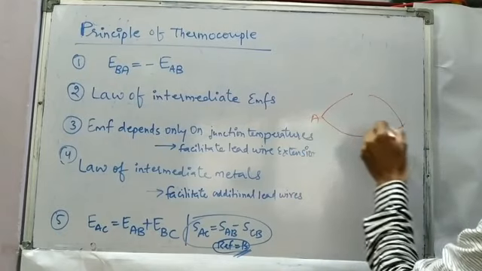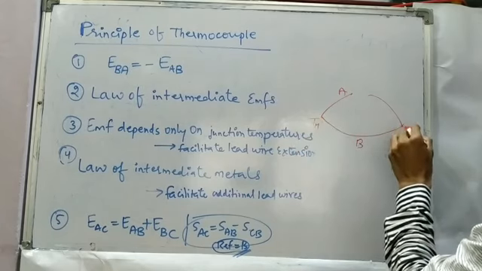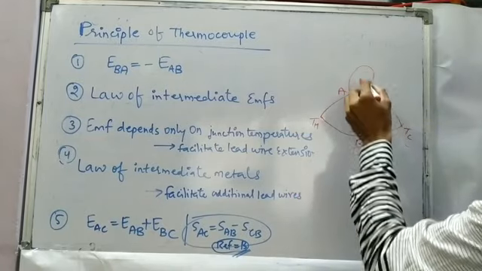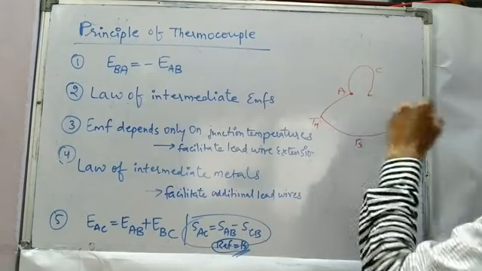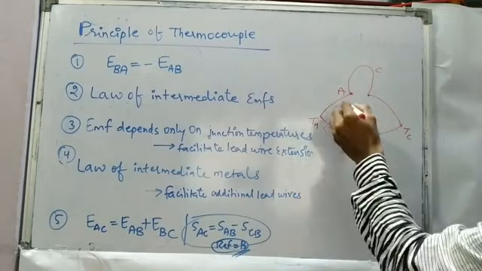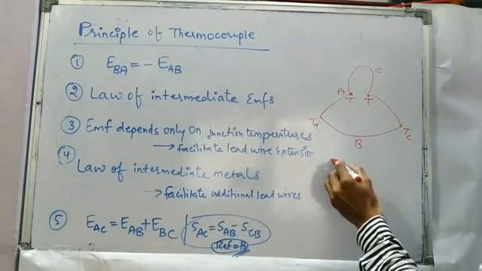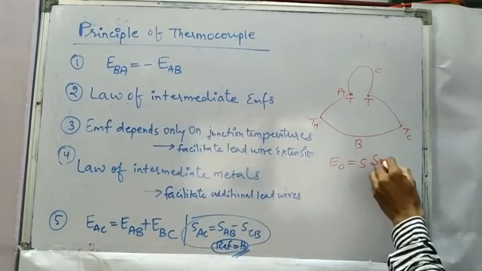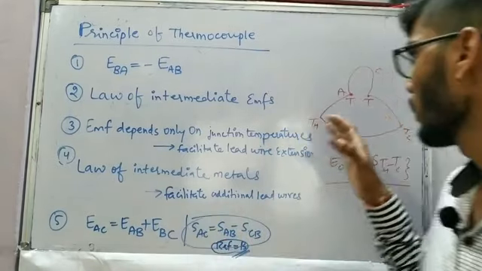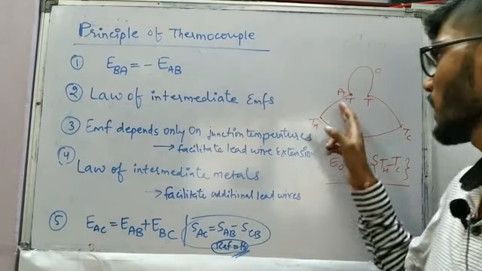Let us say this is metal A and this is metal B. So this is at TH and this is at TC, and I am cutting the metal A in between and adding another metal C. So two more junctions are going to get formed, but due to the law of intermediate metals, as long as the temperatures of both the junctions are the same, the output is not going to be affected, and the output is going to come out as sensitivity into Th minus T cold only. So if we are using an intermediate metal, we are not going to get any difference in the reading, provided the temperature is the same at both the junctions.